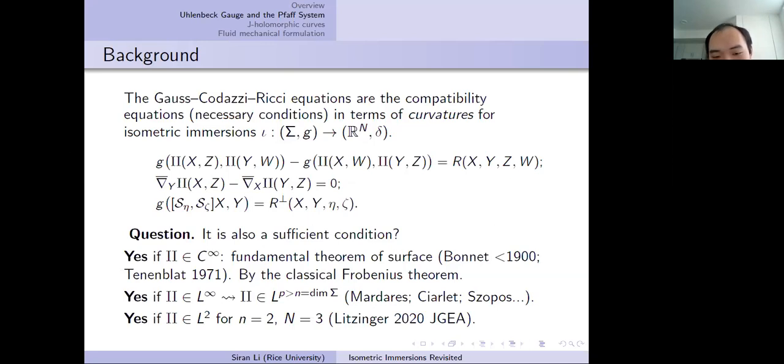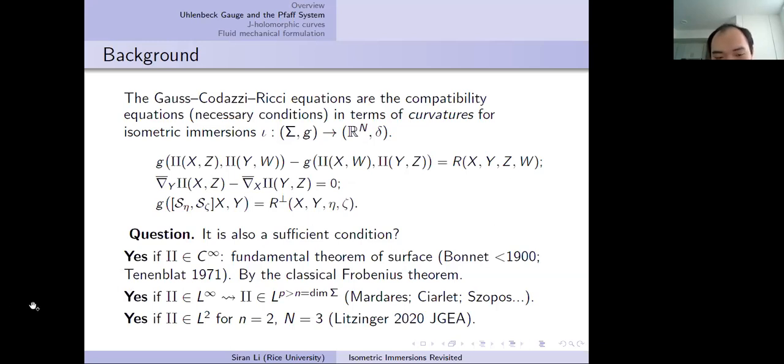This is proved by looking at the classical Frobenius theorem. Basically we can solve for the connection one-form by integrating, and we can verify the involutivity or complete integrability conditions directly from the setup. So by classical Frobenius arguments, we can get the fundamental theorem of surfaces or fundamental theorem of submanifolds.